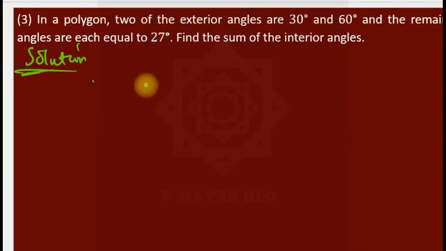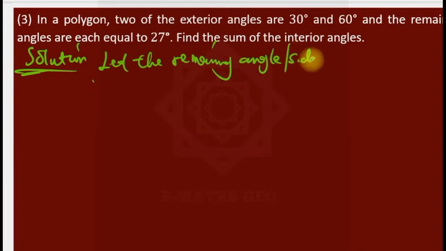So let the remaining angle or sides be x. Remember, because the remaining angle is equal to the remaining sides, the remaining exterior angles be x.